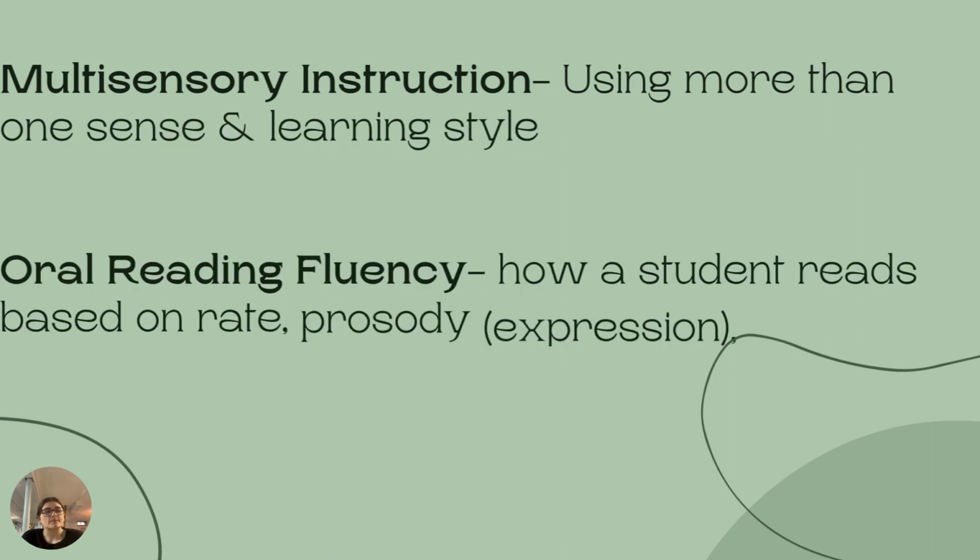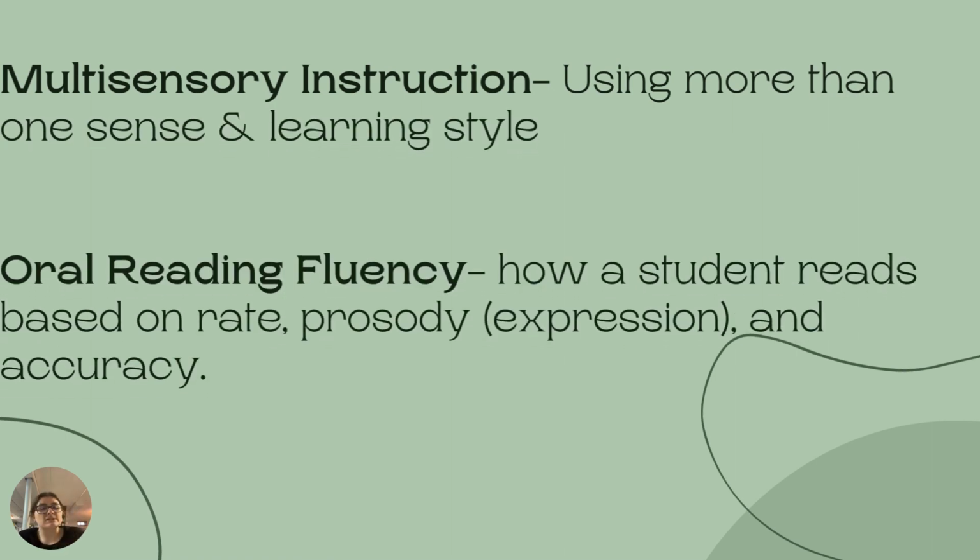All right. So, first off, we're just going to give some more definitions. The first definition of what we're talking about is multisensory instruction. Multisensory instruction is simply using more than one sense at a time. So, that is your five senses: hearing, smelling, tasting, touching, and I don't remember the top one off the top of my head, but the five senses, that's it.